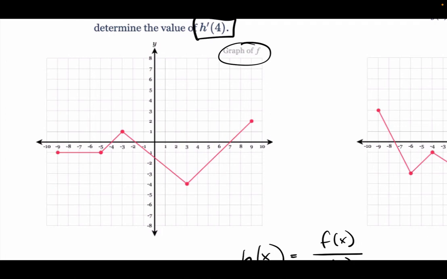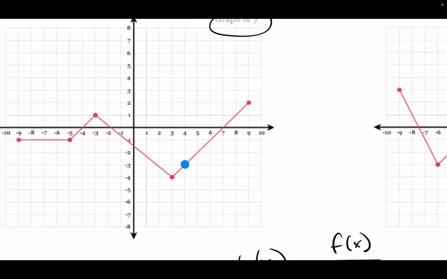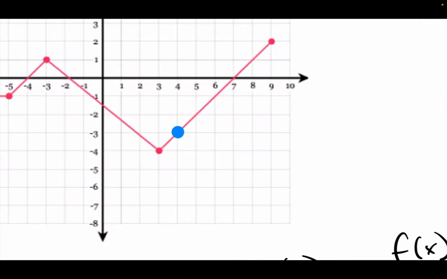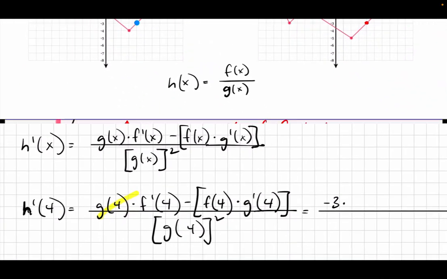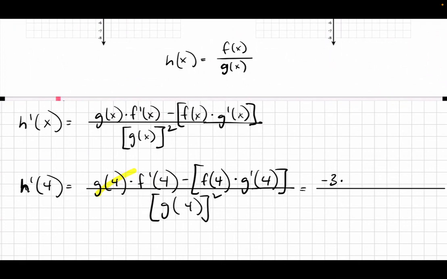Go to that dot. Right there. What is the slope of the line it's on? Looks like you go up 1 over 1, up 1 over 1. The slope is positive 1. So if the slope is positive 1, that's what this is going to be right here.